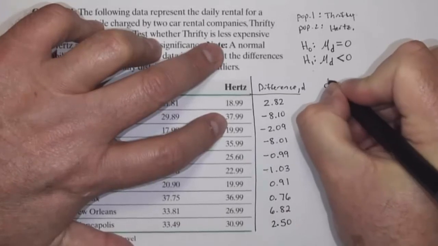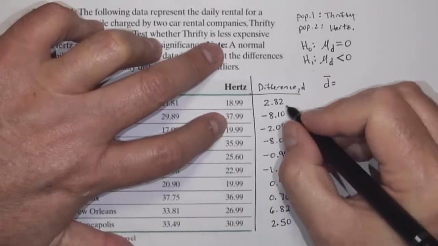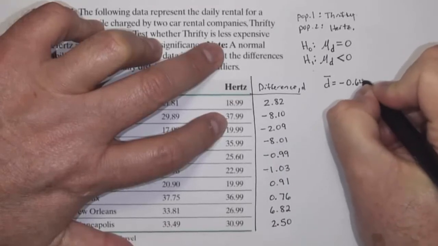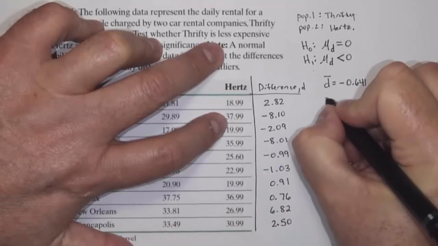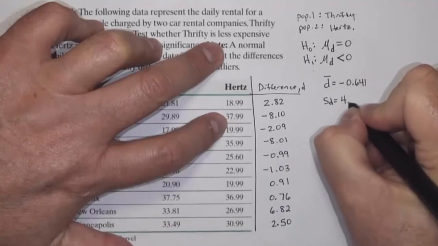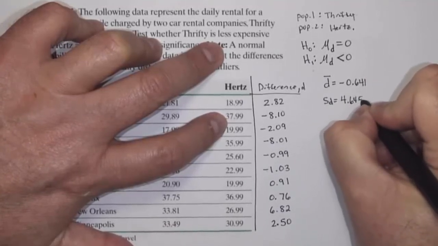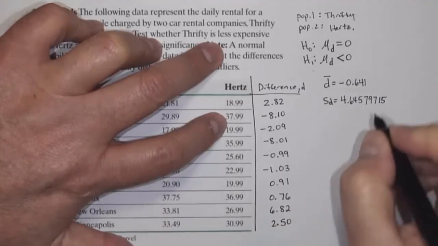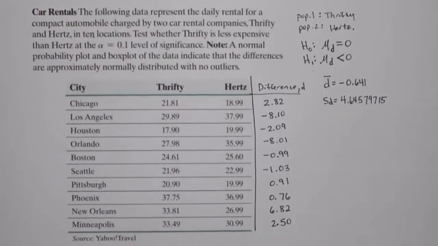So D bar, the mean of the differences in the sample, is negative 0.641, and S sub D is equal to 4.645797715.